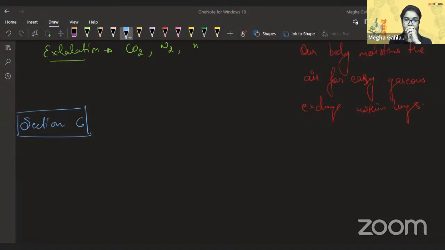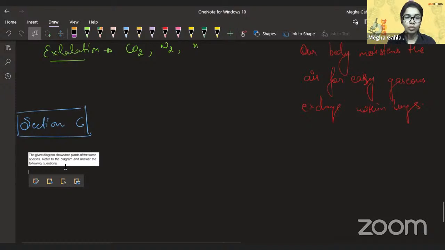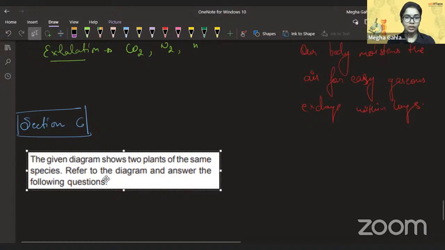So we are going to have a question which is talking about plants, just to make sure that we solve one question from each section. And then we are going to talk about how you should be proceeding with the preparation for the NSO.